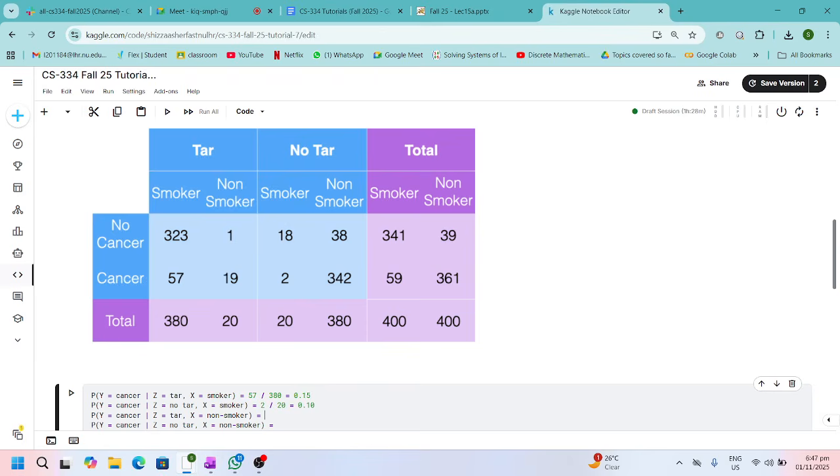Next, I have y equals cancer given z equals tar, comma x equals non-smoker. So among non-smokers in tar, I'm going here, 19 divided by 20, which is equal to 0.95. Lastly, no tar, non-smoker. So this number 342 divided by 380, which is equal to 90%.